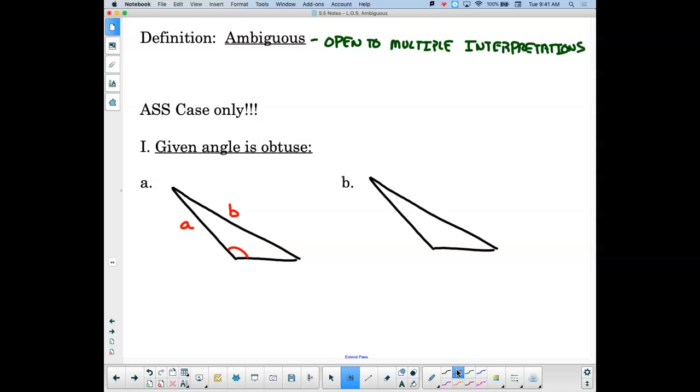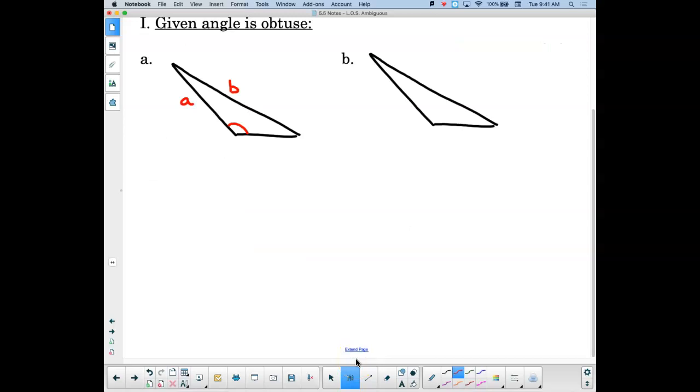My first scenario is that my opposite side is greater than my adjacent side.